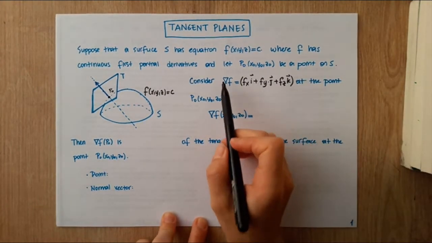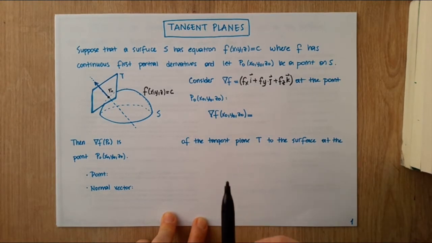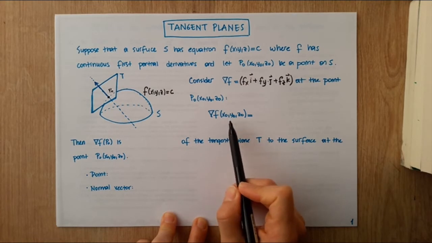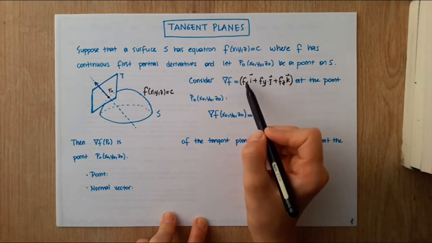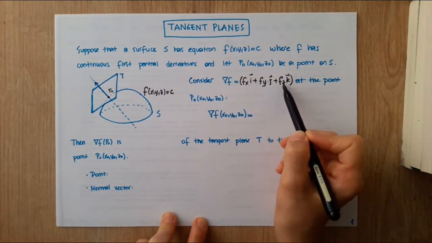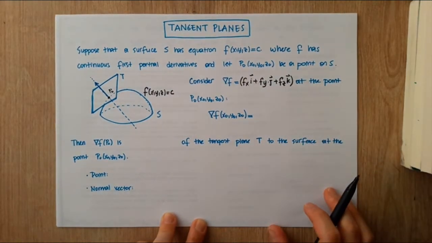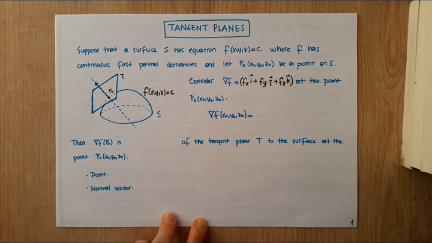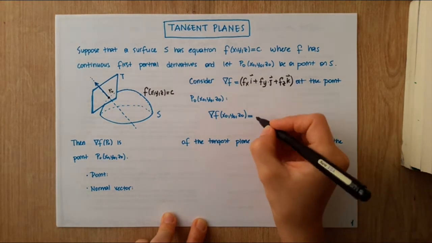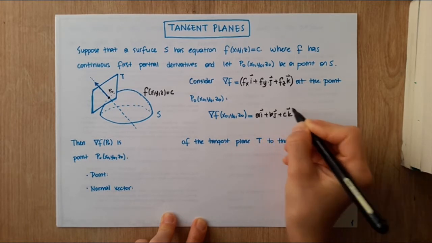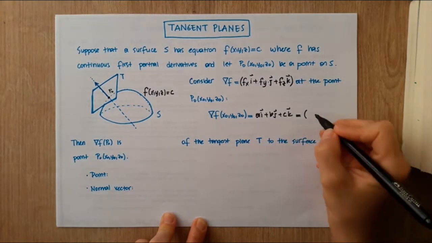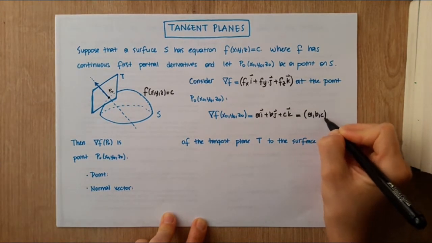Okay, this is the definition of the gradient vector, and if you want to calculate the gradient vector at the given point, it is enough to substitute x0, y0, z0 in these functions, because f sub x, f sub y, and f sub z are functions of x and y and z, right? So if you substitute this, then you will obtain a vector, and I will call this vector ai plus bj plus ck. Okay, or if you want to use the component form, you will have a, b, and c here. Okay.